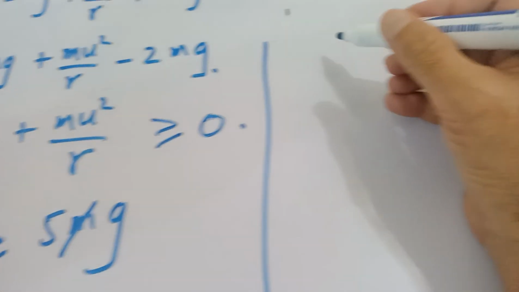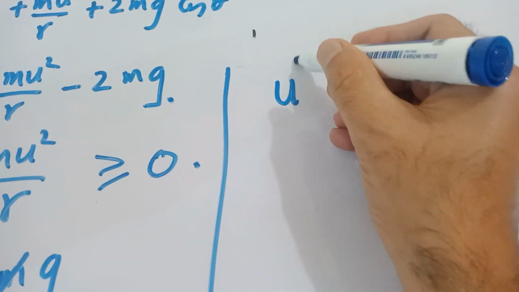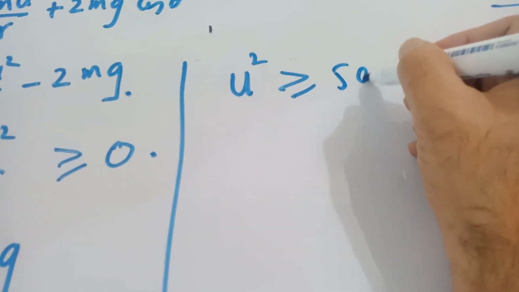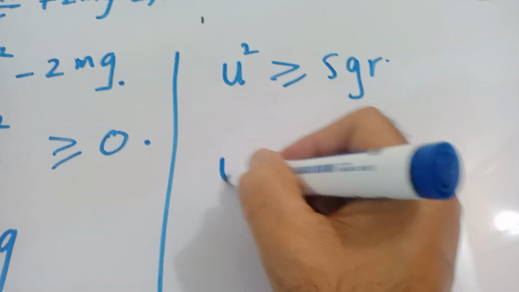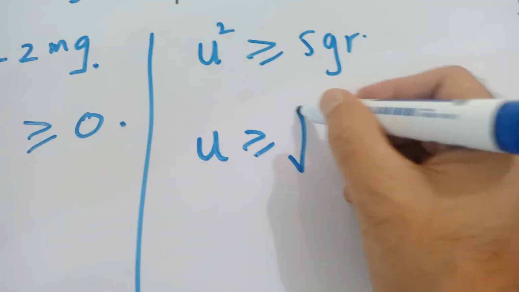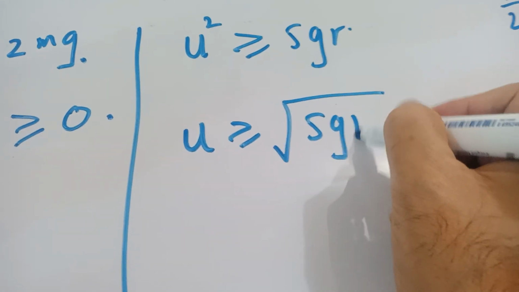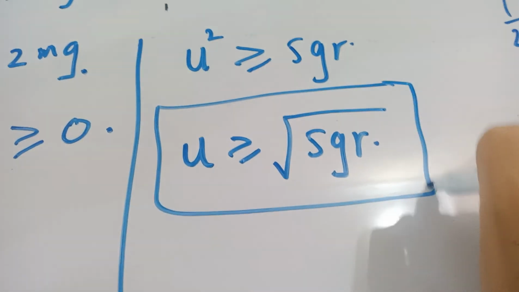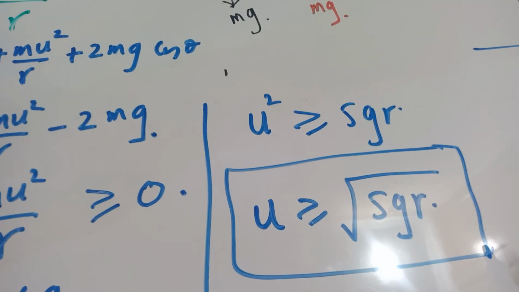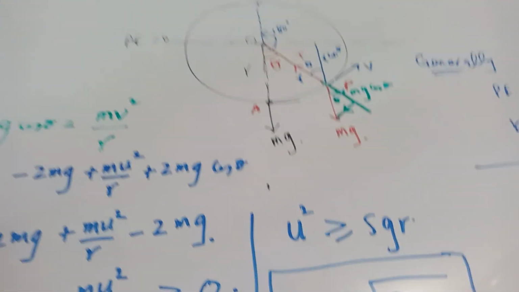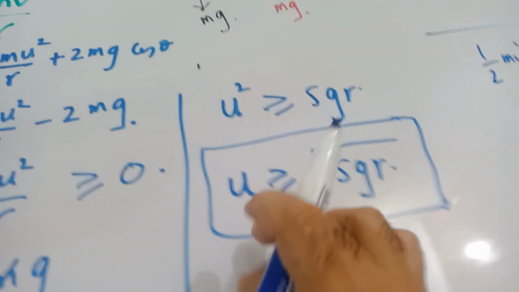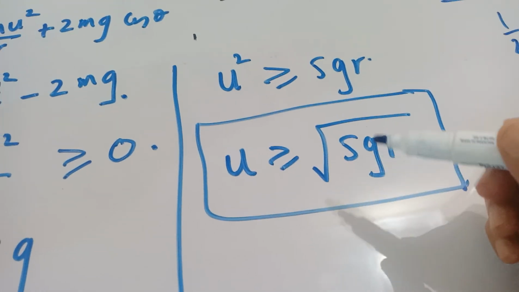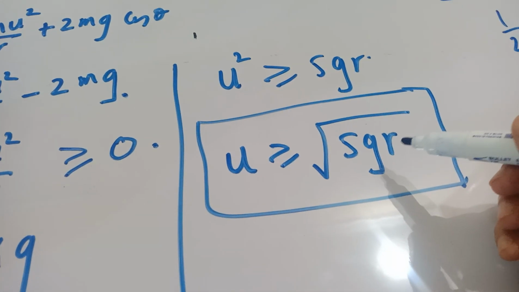And finally we have u square is greater than or equal to 5gr, and this u is greater than or equal to square root of 5gr. So that is what we wanted to prove over here, that if an object has to complete the vertical circles, its initial speed should be greater than or equal to the square root of 5gr.